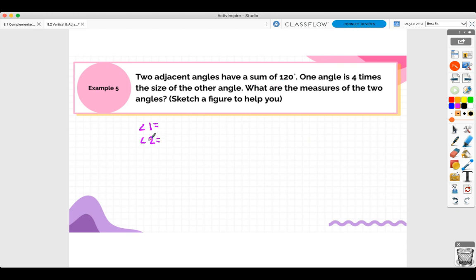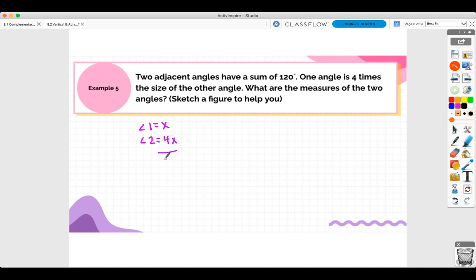So I'm going to say angle 2 is 4 times the size of angle 1, which is x. We don't know what this is. So they're going to have x and 4x. Okay. Well, now we know that they have a sum of 120.